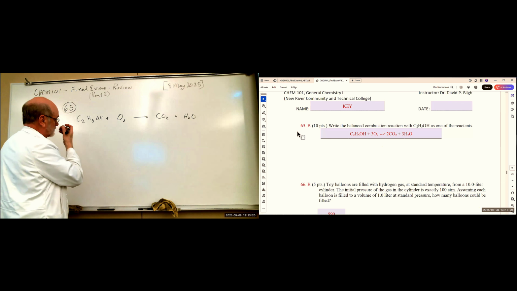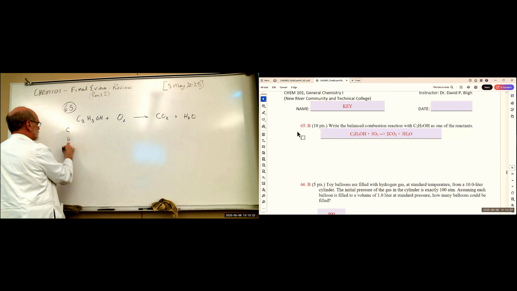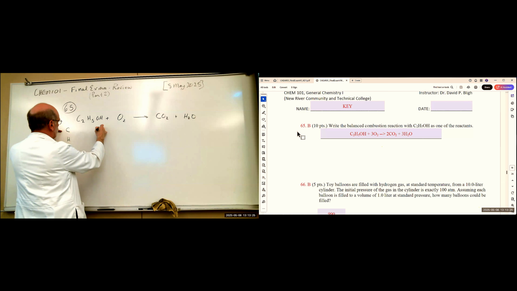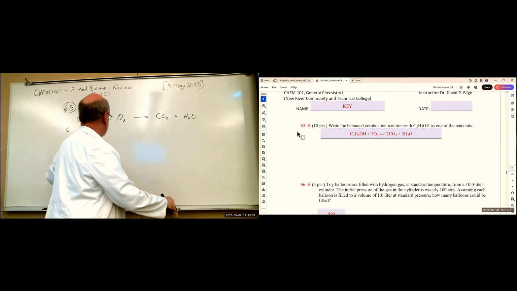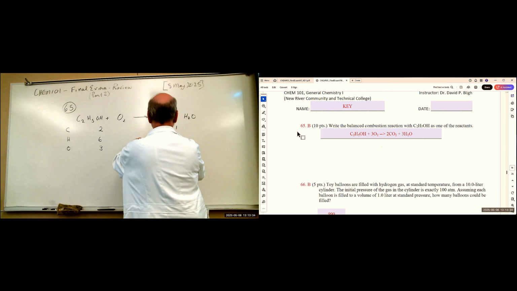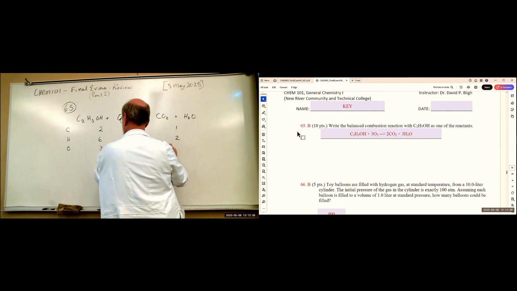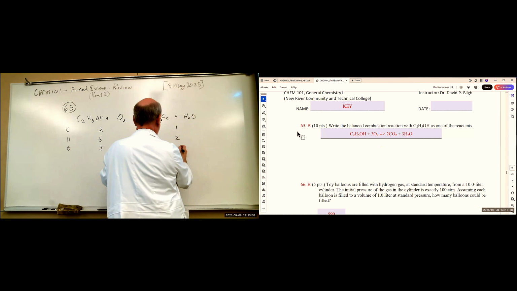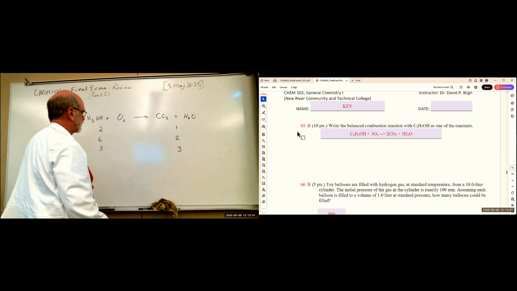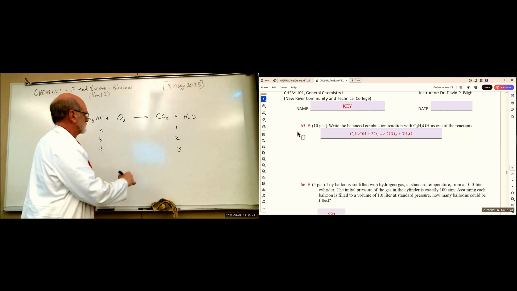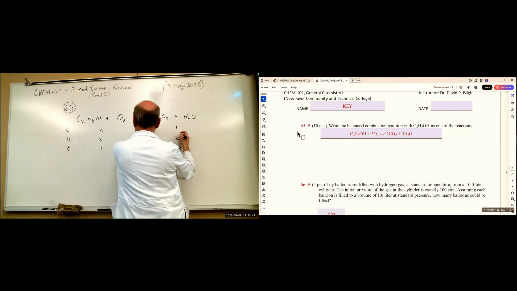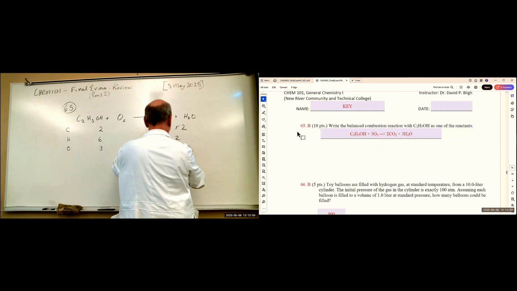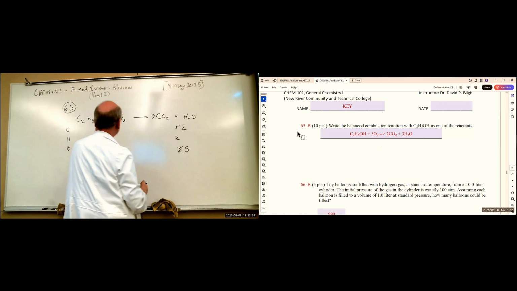Now to balance it, I'm going to use the budget method. C, H, and O. So we have 2 carbons, 6 hydrogens, and 3 oxygens. On this side, we have 1 carbon, 2 hydrogens, and 3 oxygens. Okay, let's do the carbon first. 2, so that makes 4, 5 oxygens.